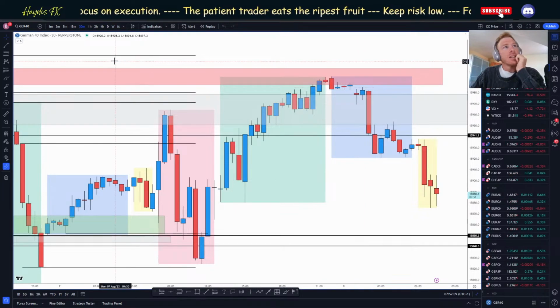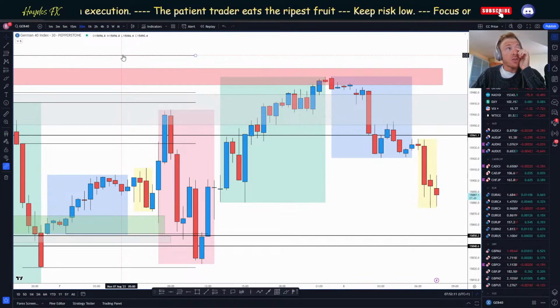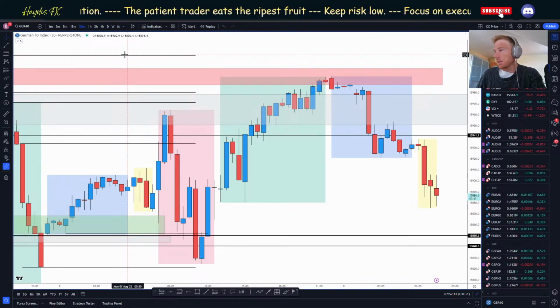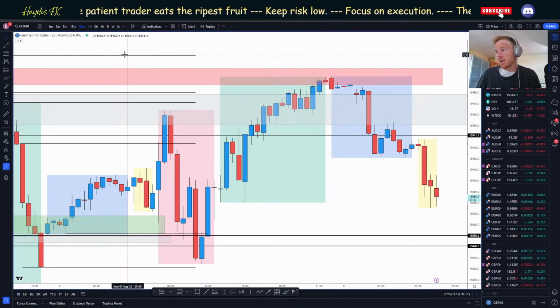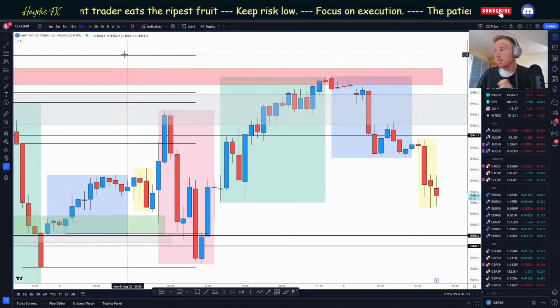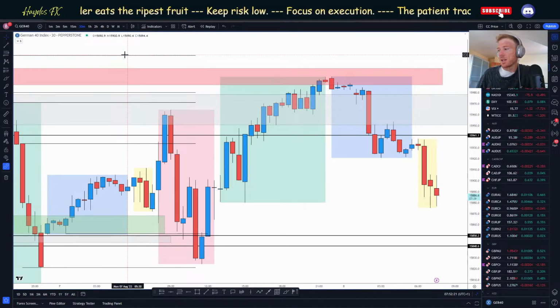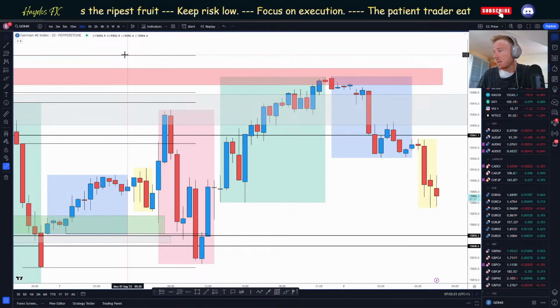Yeah. So if you're on the MetaTrader terminal, you can go to the Market Watch, right click on the symbol and go to specification, and it'll give you all the details that you need.